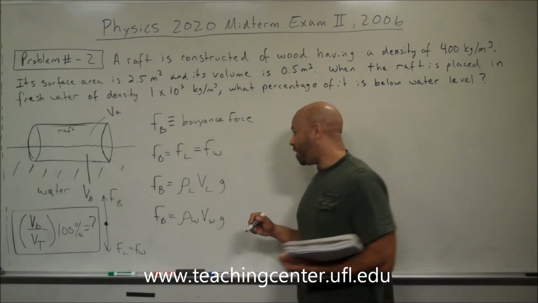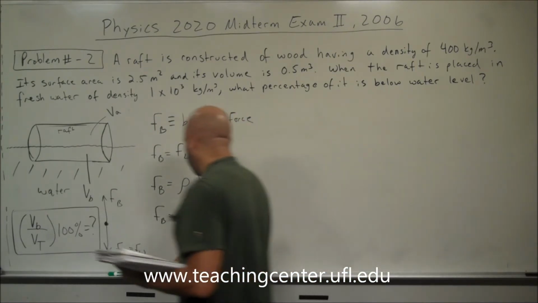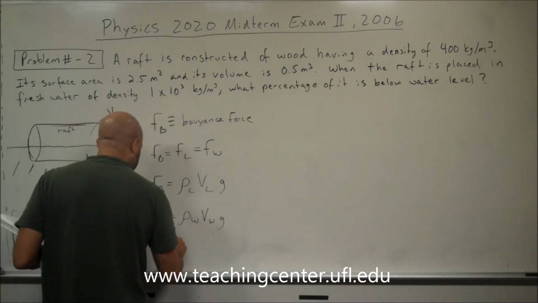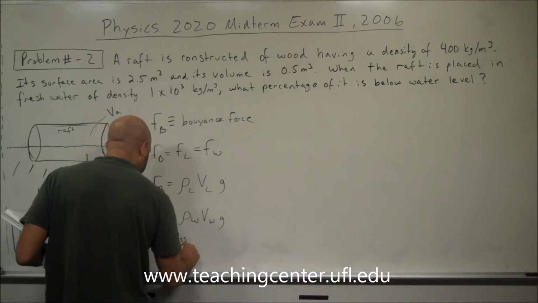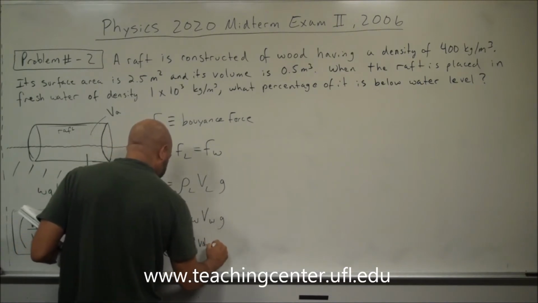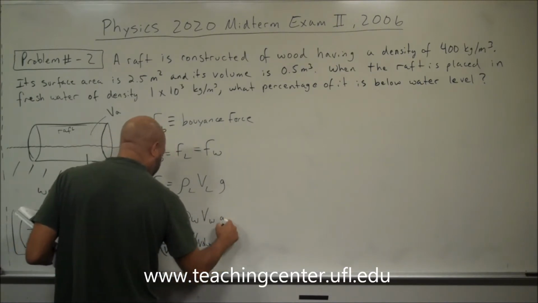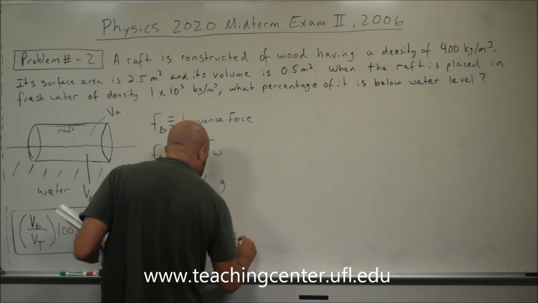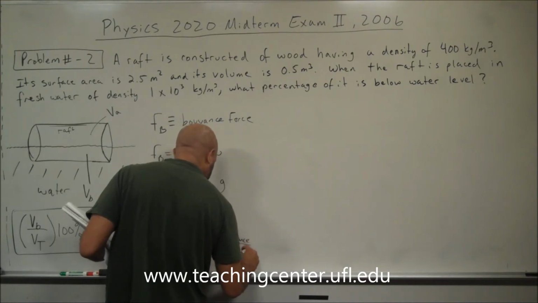And you can see that if you do a unit analysis, density is going to give you mass per volume, and your volume is going to have units of volume, and gravity has units of distance per time squared.